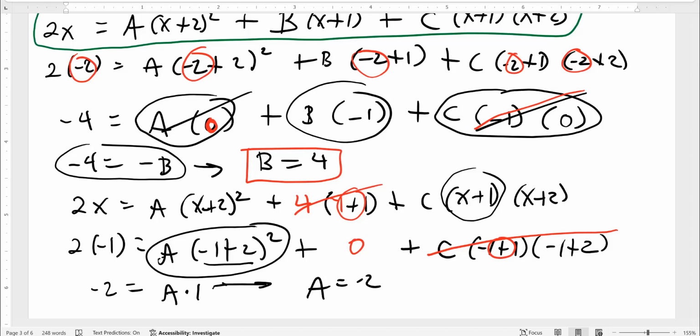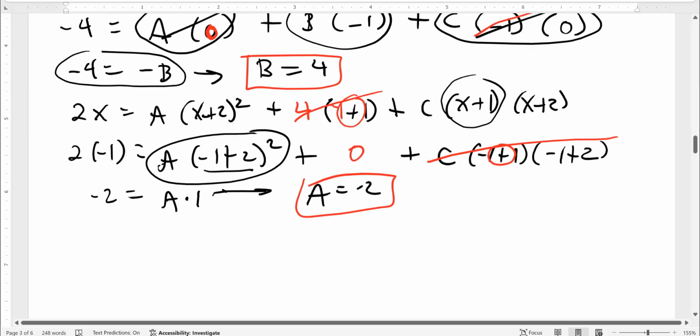So now we know what a is, and we know what b is. We need to figure out what c is. So how do we figure out what c is? Well, let's go back to our green line up here and copy that down again.